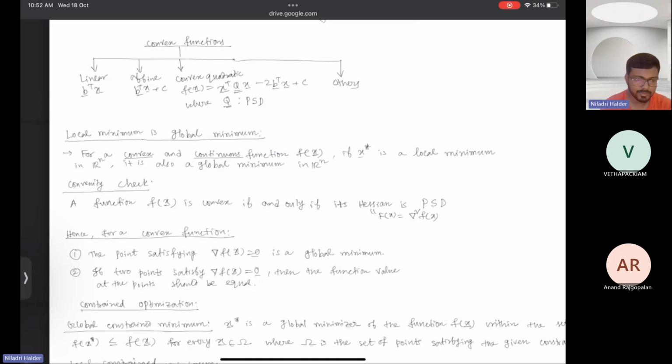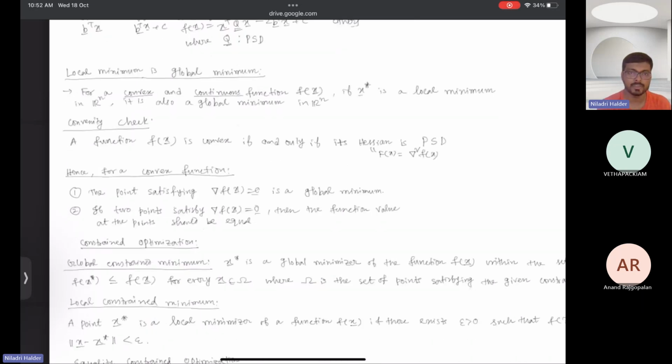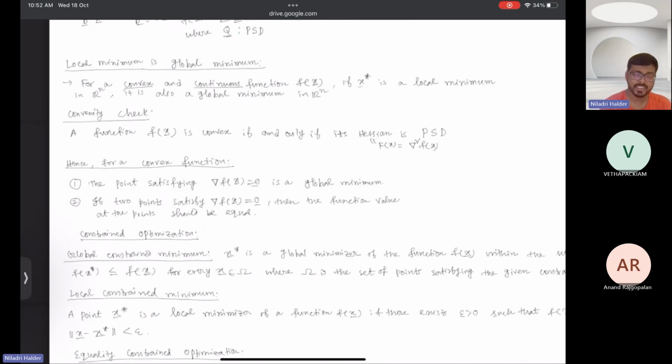Local minimum is a global minimum for a convex function. Is there any relation between convexity and optimization? Yes, there is a relation, because if a function is convex, then its local minimum will also be a global minimum.